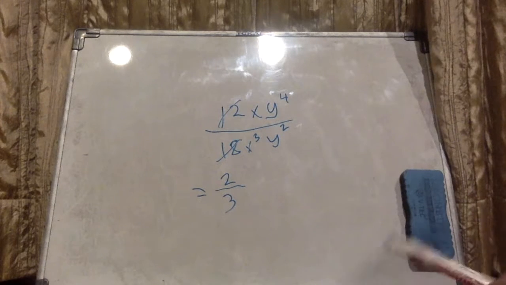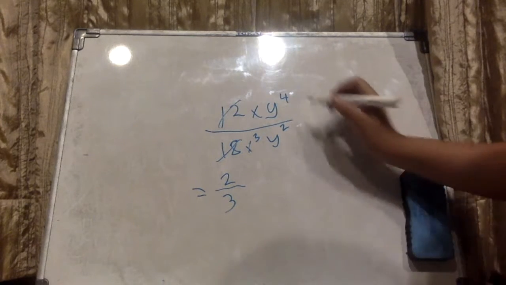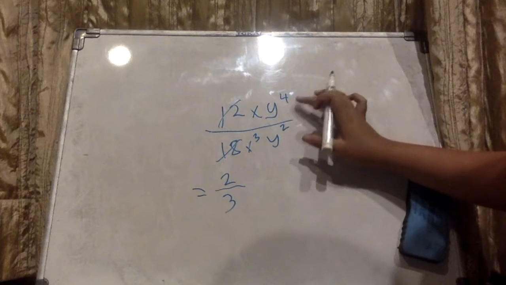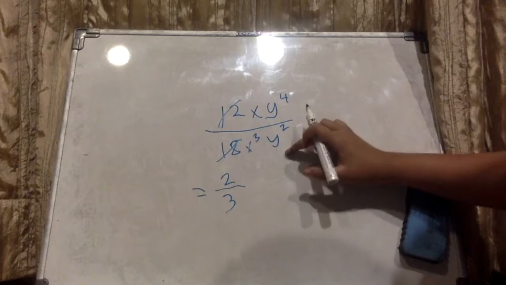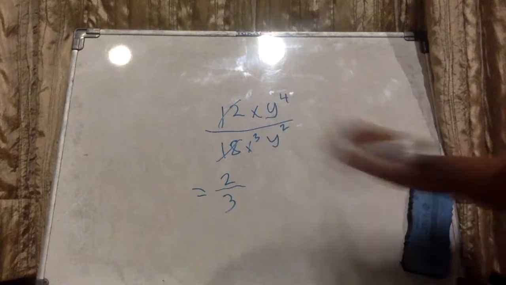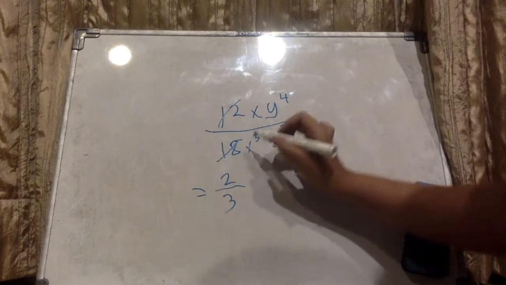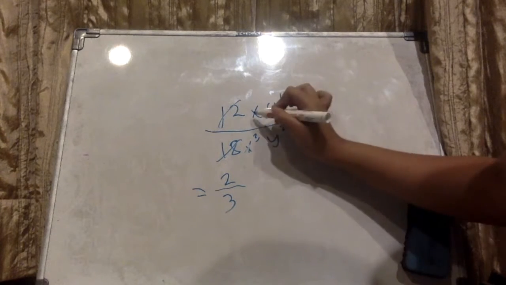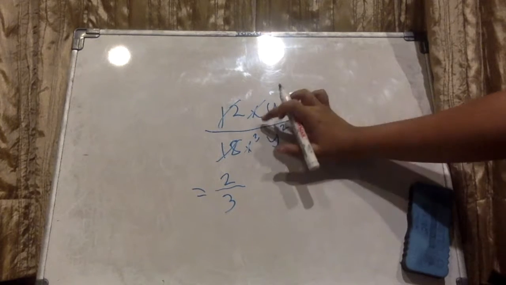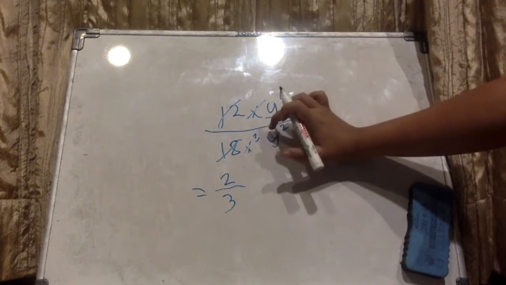So all you need to do is just eliminate this. The bigger ones will eliminate the smaller ones. So basically, if you see this, you need to eliminate this. This is going to be x squared, because we take 1x out of x cubed.